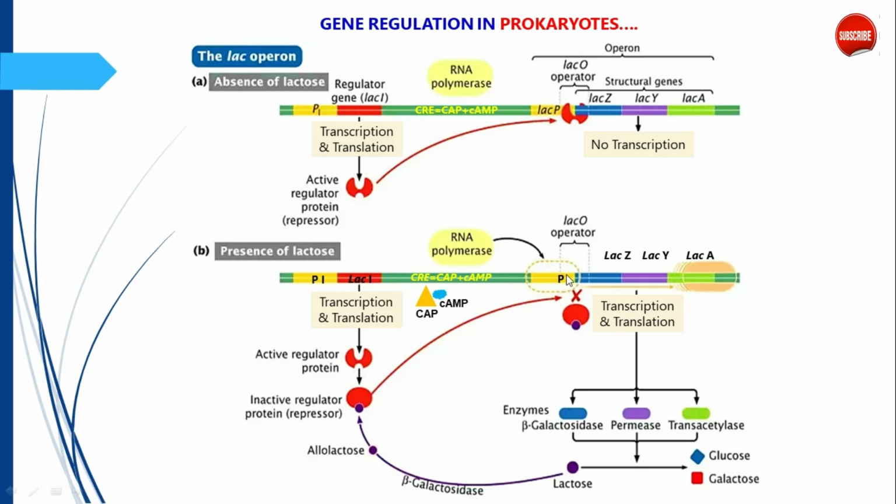Thus, the operator will allow the transcription enzyme RNA polymerase to bind to the promoter site. All the downstream genes like lacZ, lacY, lacA will be turned on. Transcription starts, creates messenger RNA, followed by translation and expression of the proteins. So here, when lactose is present, the expression of lactose metabolizing enzymes takes place.